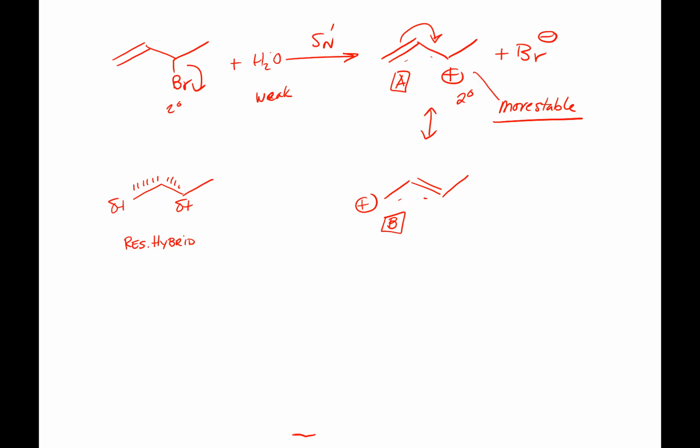So why don't I just treat these two resonance structures as if they were the true intermediates? And let's react each one with water. Okay. So I'll just rewrite them down here. So here's the first one in resonance with this one. And so now let's react the H2O with this carbocation and write the final product.